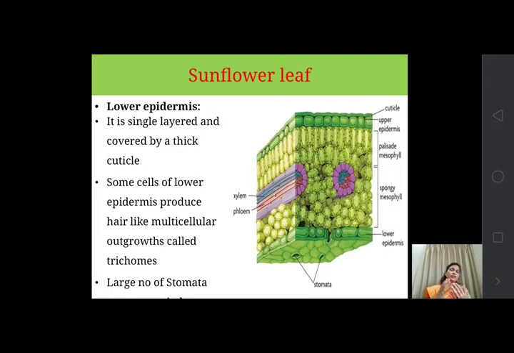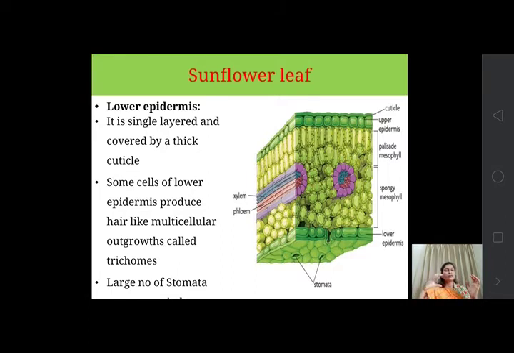Okay, so this is somewhat a 3D model of the internal structure, or the transverse section, of the leaf. You can see the upper epidermis with cuticle, then the lower epidermis with stomata, and in between you can see the compactly arranged palisade tissues, loosely arranged spongy tissues, then the tube of xylem and the tube of phloem.